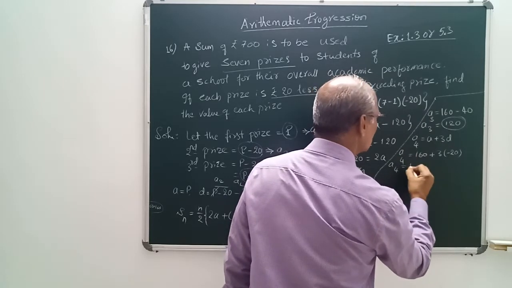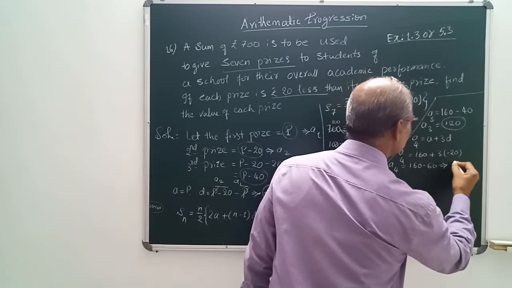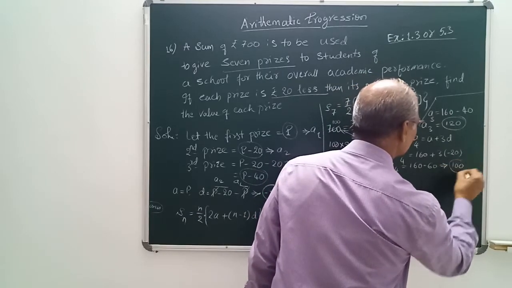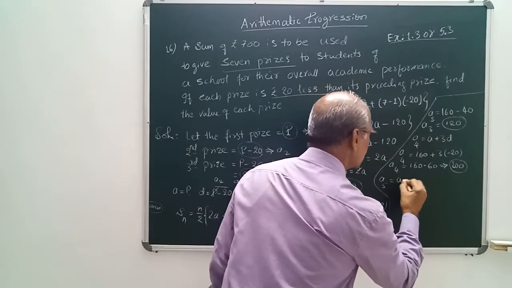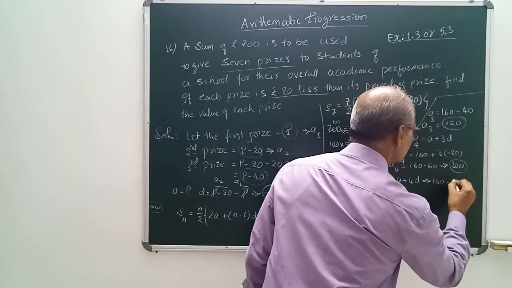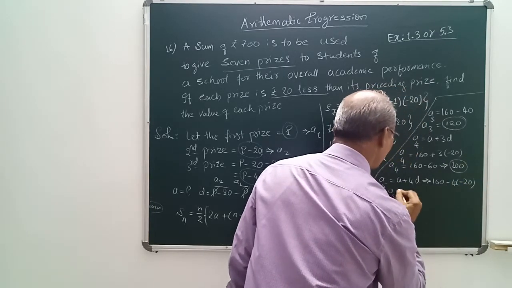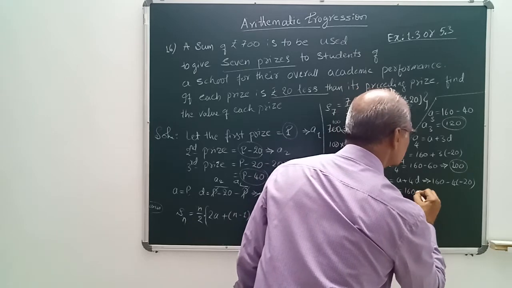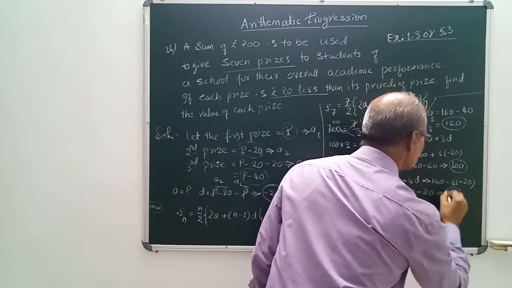So A4 is equal to 160 minus 60, that is 100. Now A5, a plus 4d, 160 minus 4 into 20. So A5 is equal to 160 minus 80, that means it is 80.